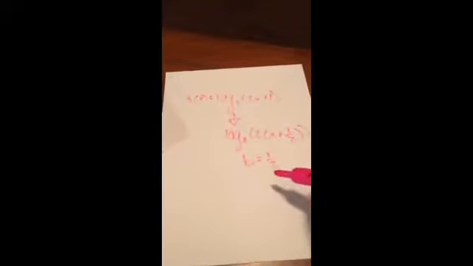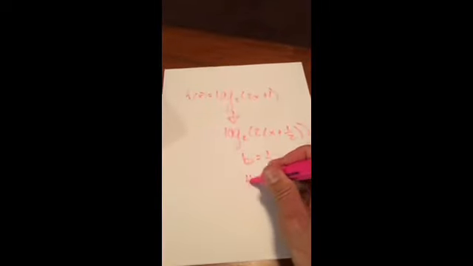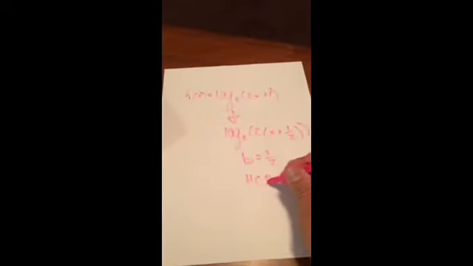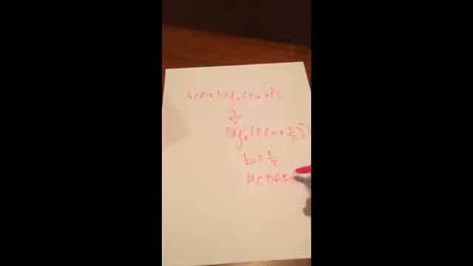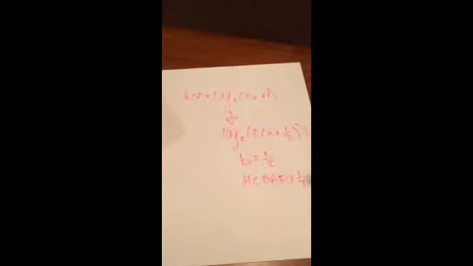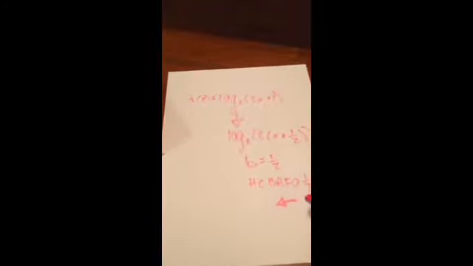So that means I have a b value of the multiplicative inverse of this. So that's a b of 1/2, which is an absolute value less than 1. So that's going to be horizontally compressed by a factor of 1/2. This is going to move it to the left 1/2.